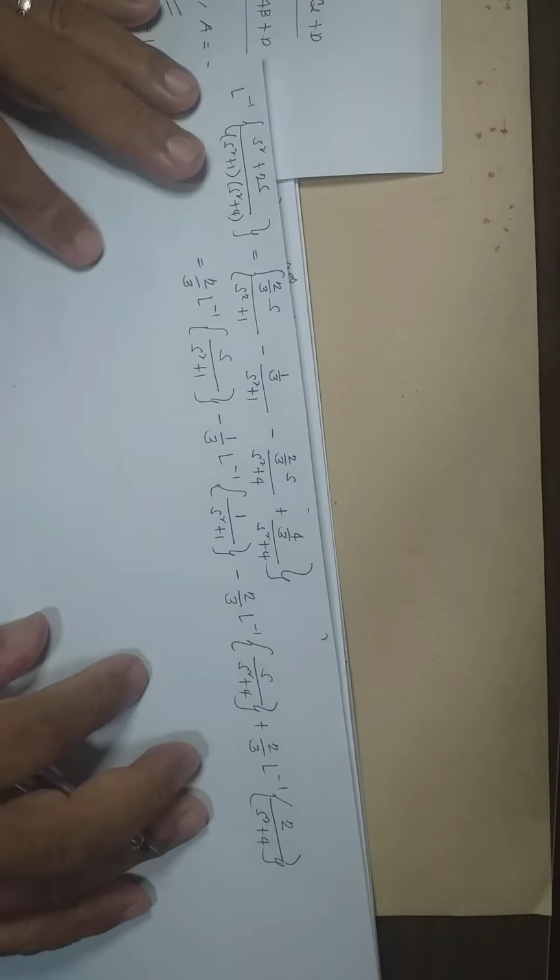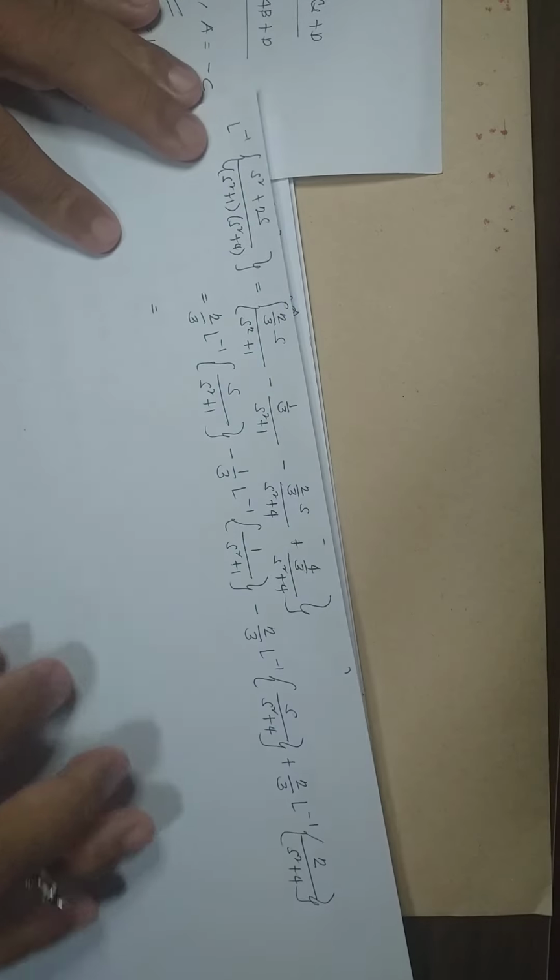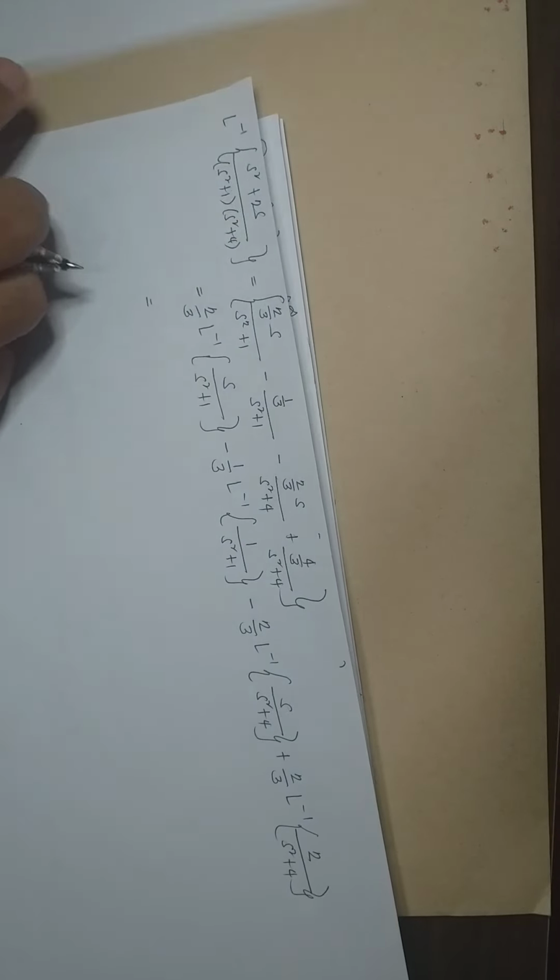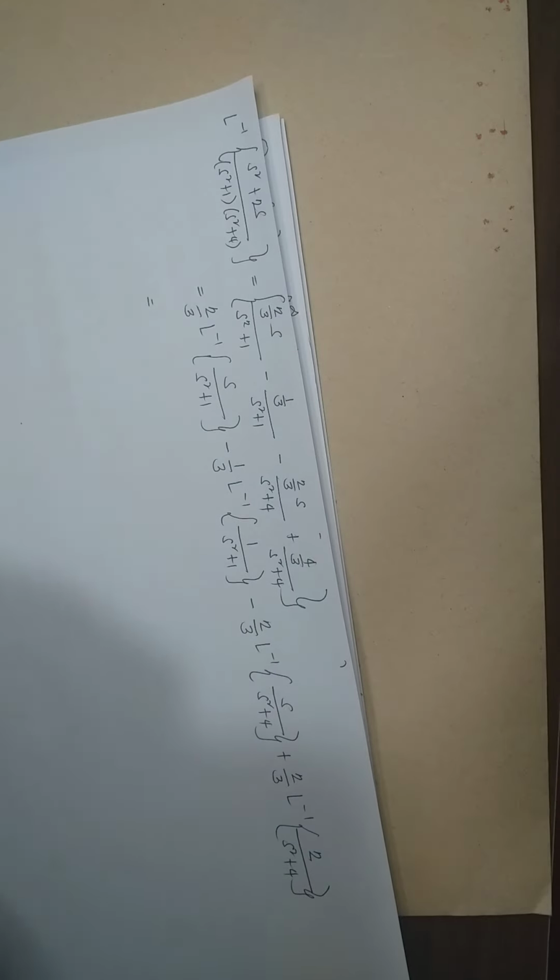Okay? So it's a bit long. What is the formula for s over s squared plus a squared?